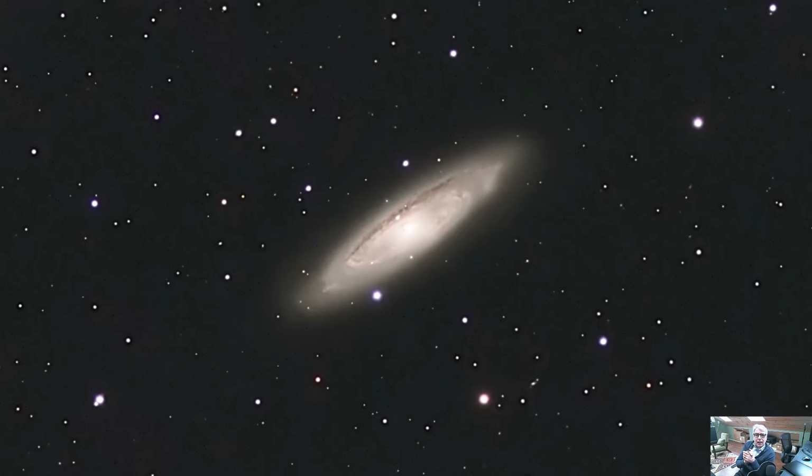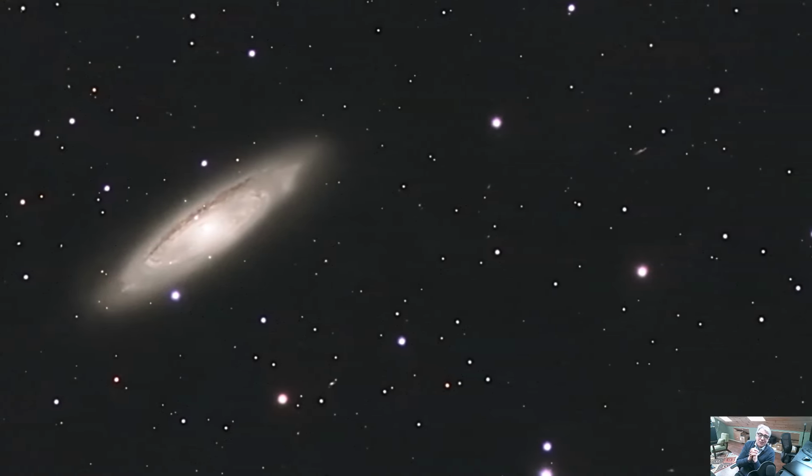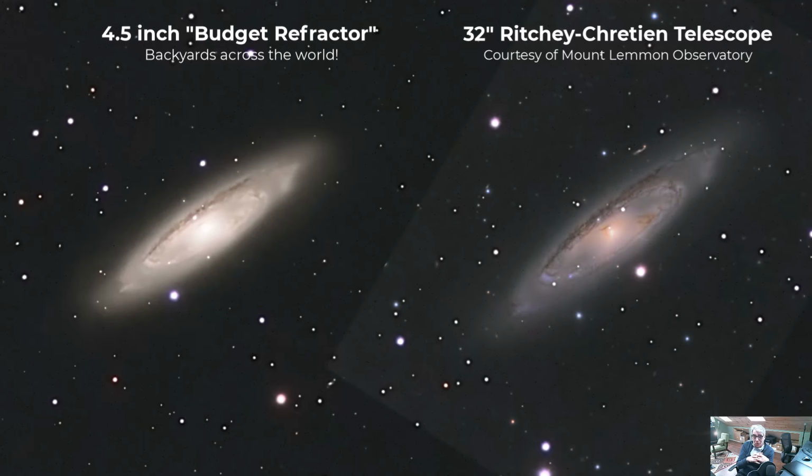Now, this galaxy M65 is an SAB(rs)b classification, where the rs indicates that it has a ring feature, which you can clearly see, by the way, in our 4.5-inch refractor capture, but it becomes even more obvious when we take a look at this capture from a 32-inch RC telescope at Mount Lemmon Observatory in Arizona.